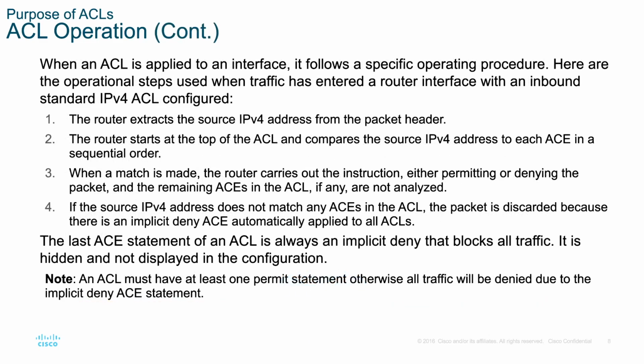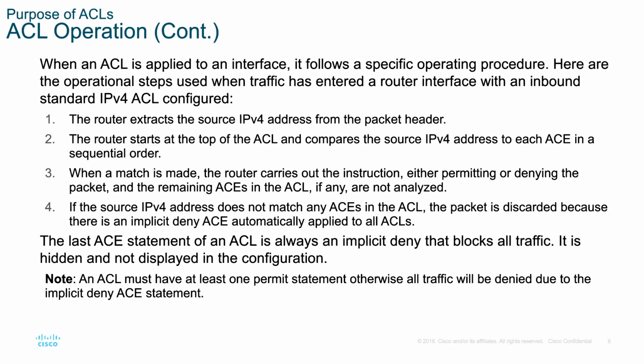So basically the packet arrives at the interface, it's picked up, and the router extracts the header information from the packet, which is your IPv4 addresses. It then starts at the top of the ACL and compares each conditional line in sequential order until it finds a match.